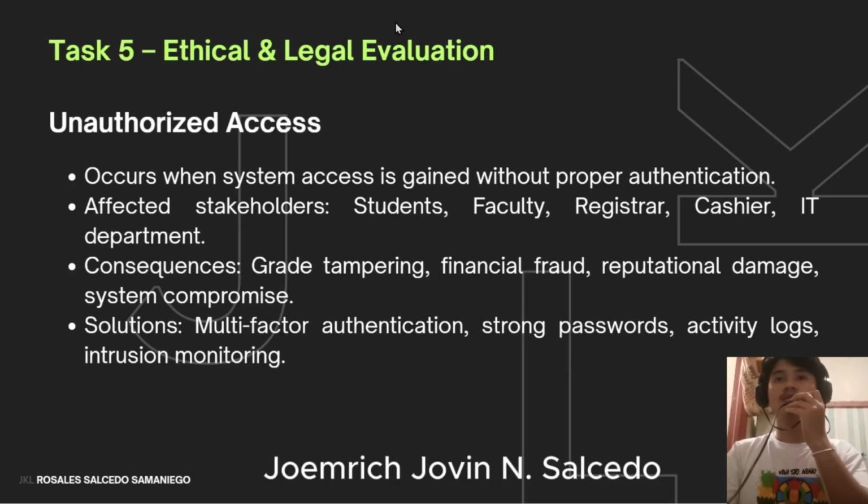Consequences include academic dishonesty, financial fraud, and operational disruption. To prevent such risks, the system must use multi-factor authentication, enforce strong password policies, maintain detailed access logs, and deploy an intrusion detection system to monitor suspicious activities.